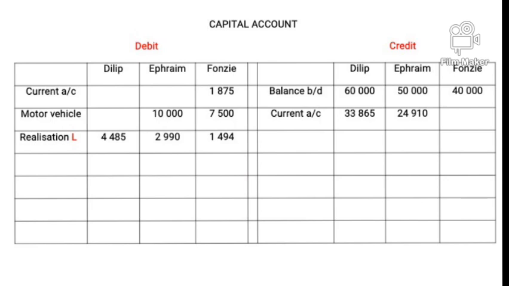So any balancing figure that is going to come out from the capital account is going to be represented by the bank account, right? So if the balancing figure appears on the debit side, the meaning of that bank account is that the partners are being paid by the partnership what is due to them.